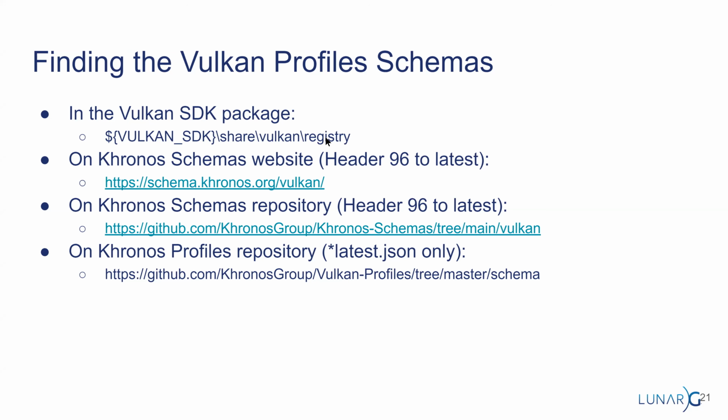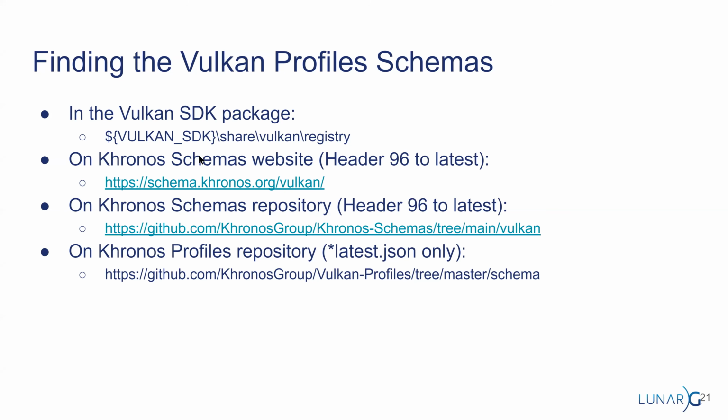They are also available in the SDK package. In the SDK package, it will always be the latest Vulkan profile schema that implements the Vulkan header version shipping with the SDK.